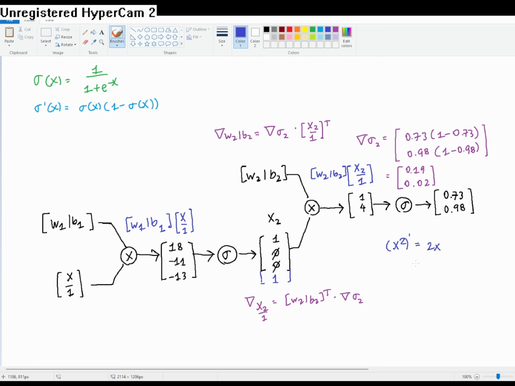This is basic calc. The derivative of 2x is 2 with respect to x, of course. Now, quiz question, what is the derivative of xy with respect to x? Well, it's y right here.